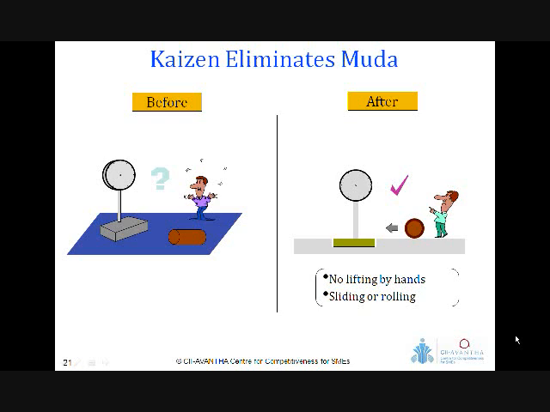So some operator has suggested, please dig a pit, put the weighing machine down. So you don't need extra manpower to lift the object. And as you see in the picture, you can slide the object and weigh the object.